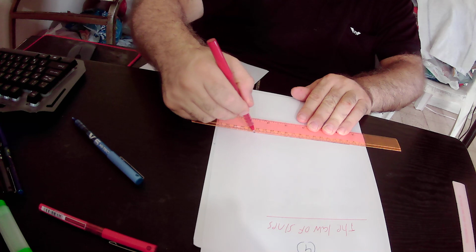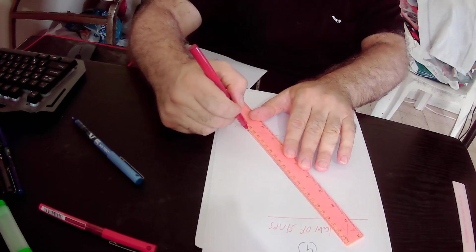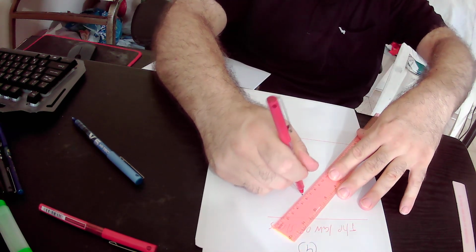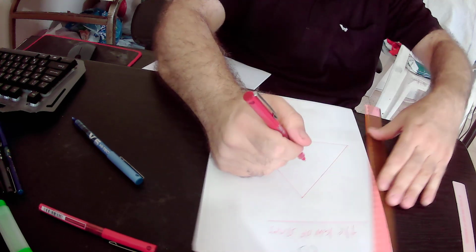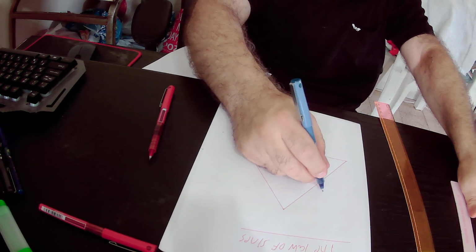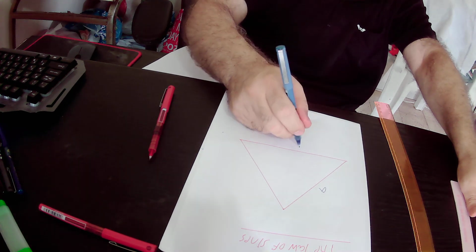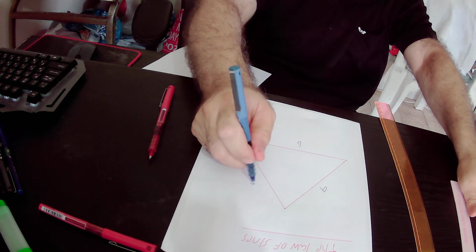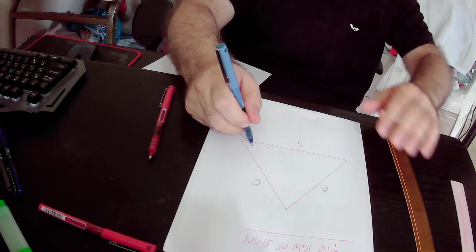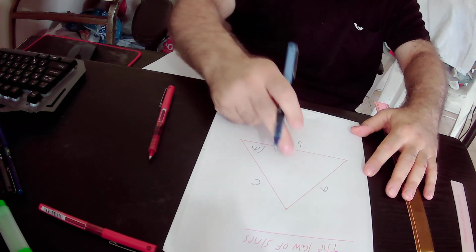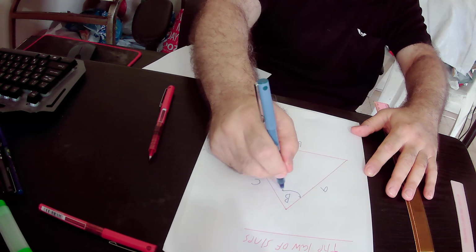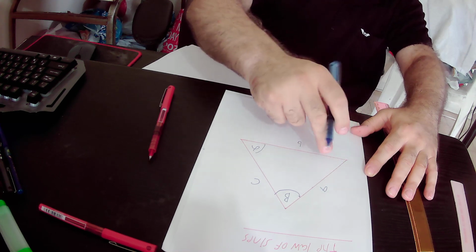If we have a triangle, if this side of the triangle is A, this side is B, and this side is C, this angle between B and C is alpha, this angle between A and C is beta, and this angle between A and B is gamma.